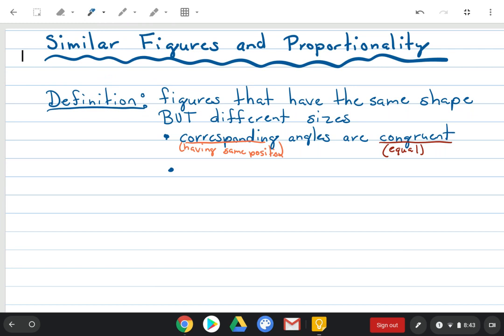The second characteristic that we need to remember is that corresponding sides are proportional.